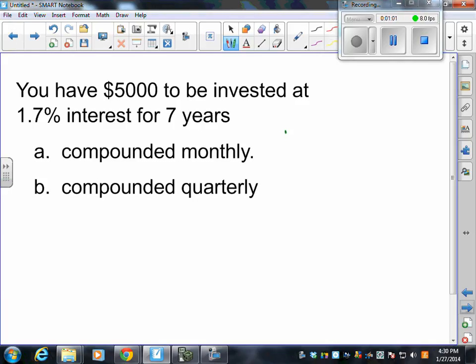So our formula is A equals P times (1 plus, now our interest rate is 1.7%, so that would be 0.017 over N, which is the number of compounds in 1 year. Well, if we're compounded monthly, then I'm going to have 12 compounds in a year) to the N, which would be 12 times time, which is 7.